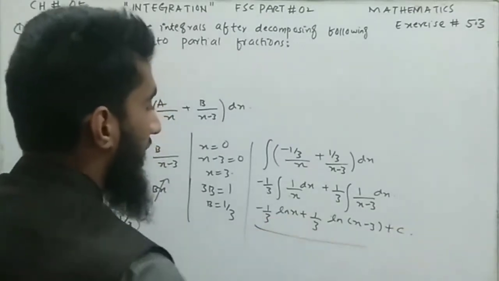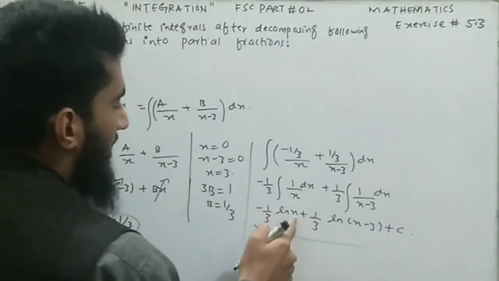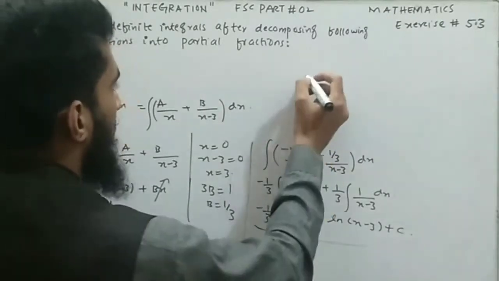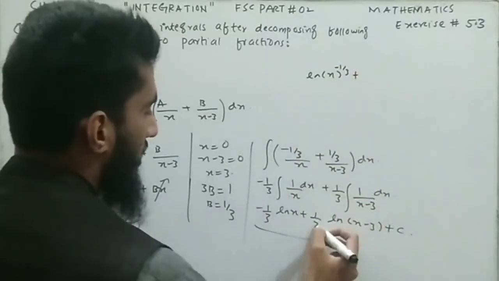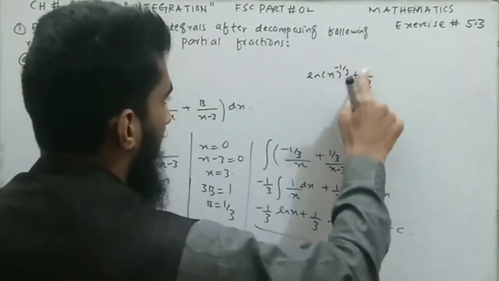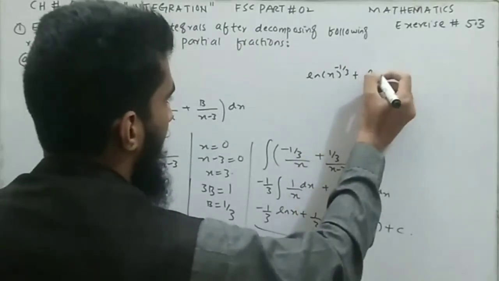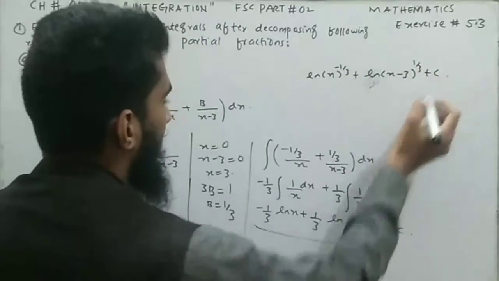Now from over here we can also simplify it further. Minus 1 by 3 will move to the power of x according to the logarithmic formula, so it becomes ln of x power minus 1 by 3, and over here 1 by 3 will move to the power of x minus 3, it becomes ln of x minus 3 power 1 by 3 plus constant of integration.